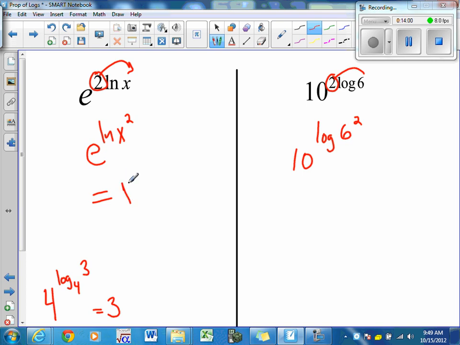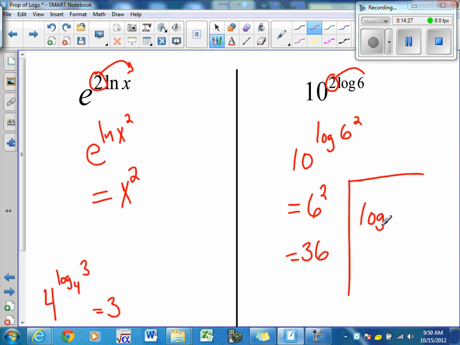They cancel and we just get x squared. 10 to the common log, log base 10, cancel and we just get 6 squared, or 36. So if you have the same base as the base of the log, they just cancel. That's similar if I have log base 5 of 5 cubed. That's also just 3. The bases cancel.